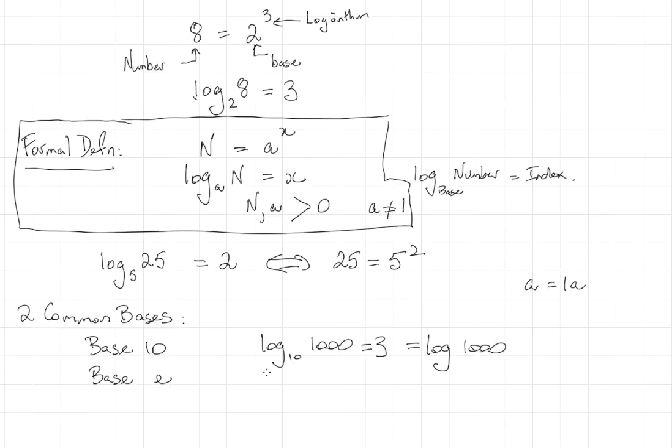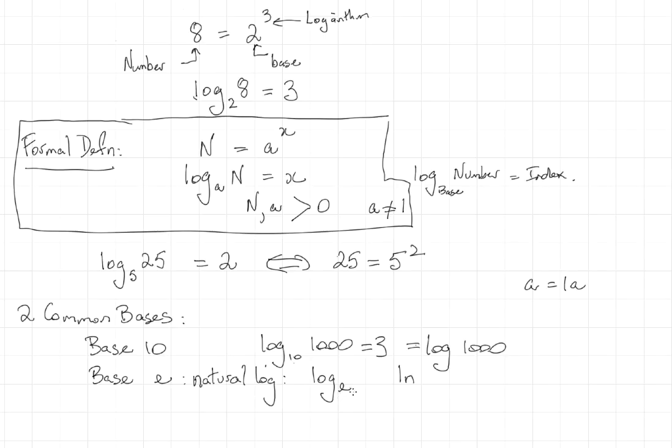Log to base e is what's called the natural log. We've come across the number e, Euler's number, previously, and it's the number 2.71828 and so on. So if we want log to base e of some number, we actually write ln.